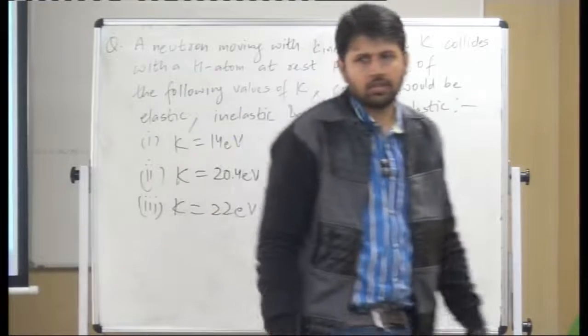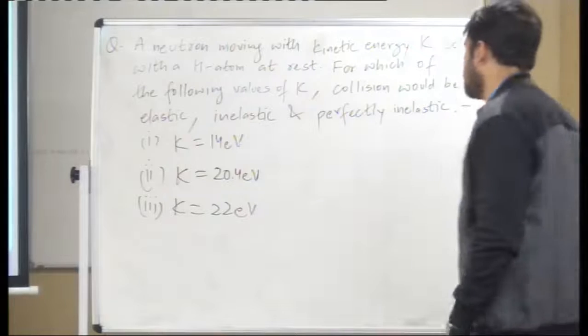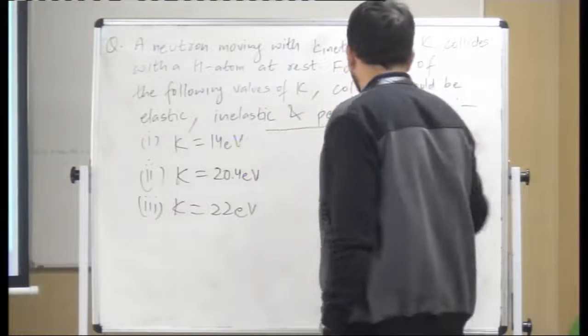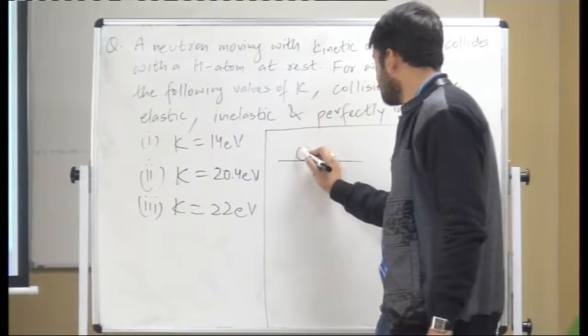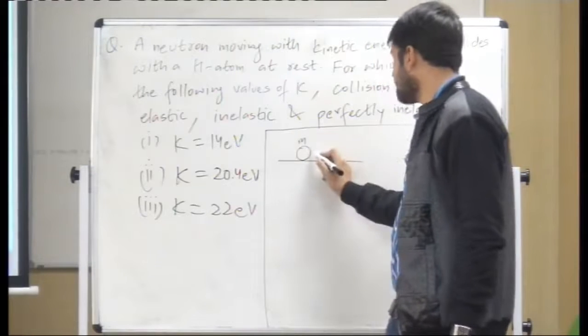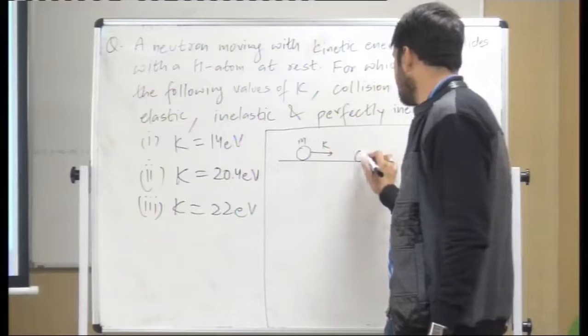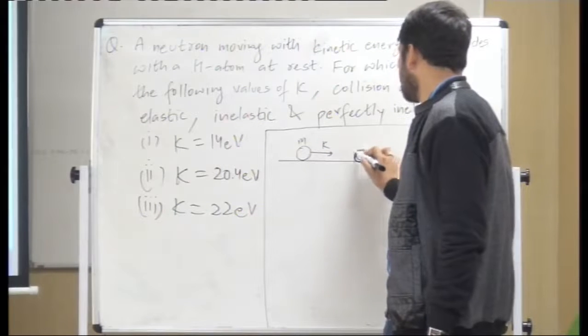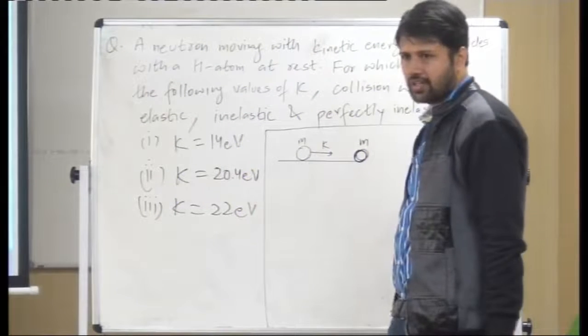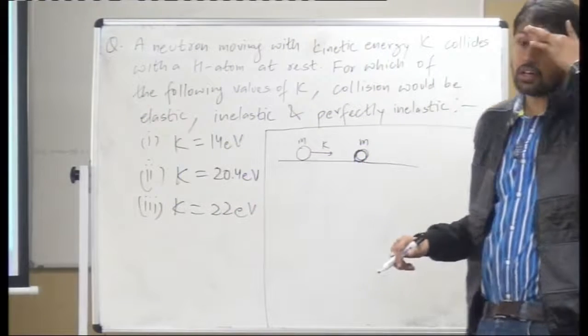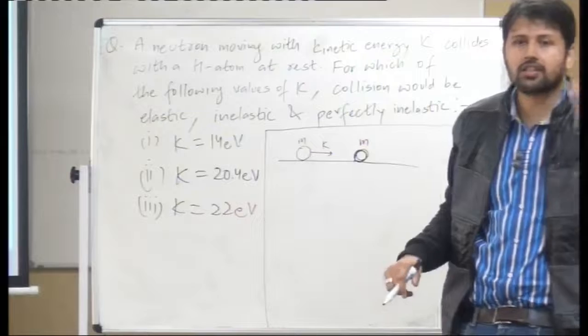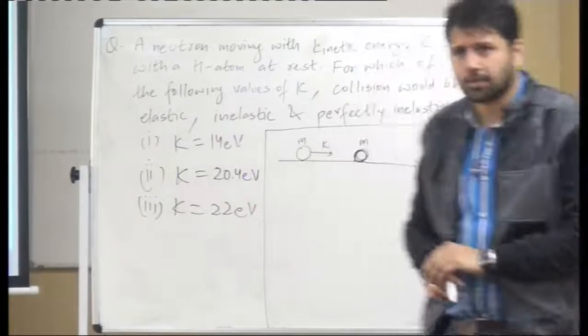Now how to solve this kind of question? Just think about it. This is nothing but a case of, you know, the neutron has mass m, kinetic energy K, the hydrogen atom has mass m as well. So let's try to find the minimum and maximum energy loss possible.